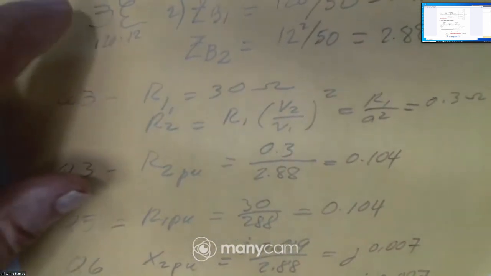So here is the demonstration. This is what the book has done here. The transformer is represented by its impedance.